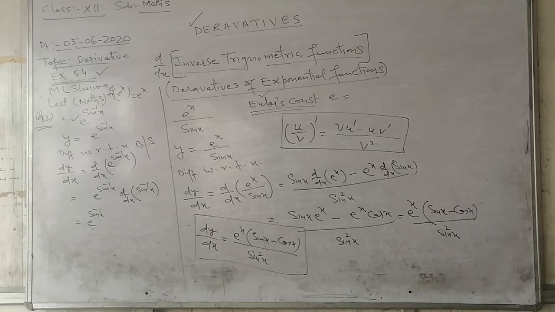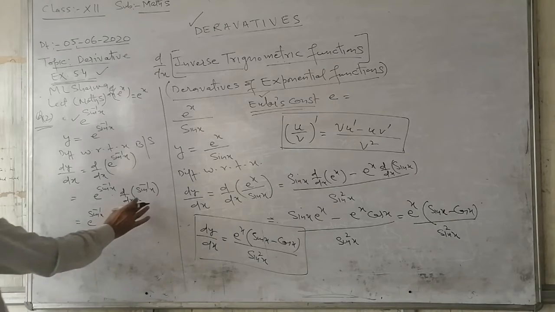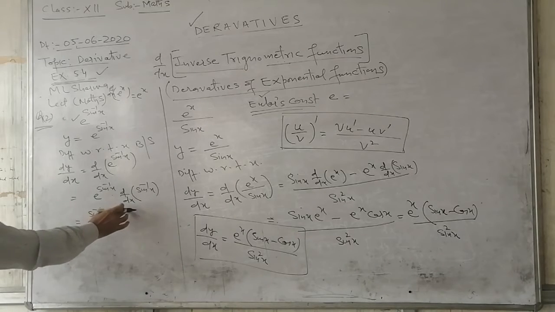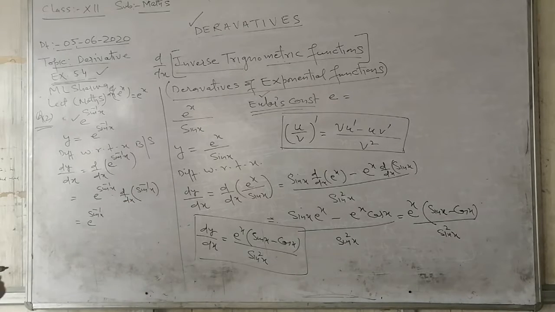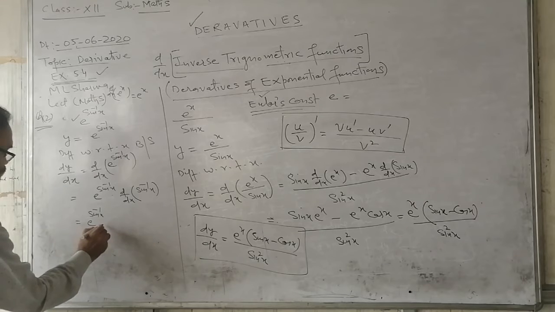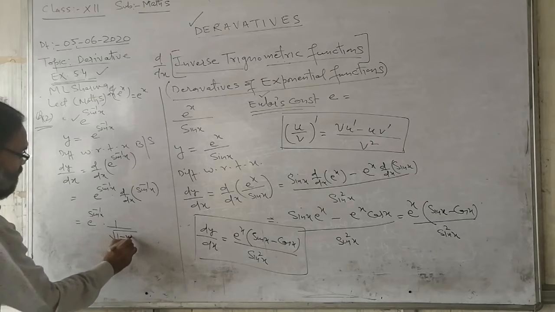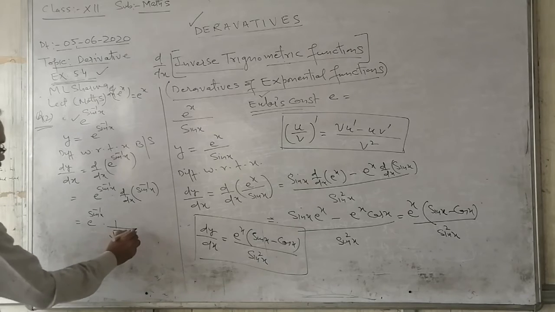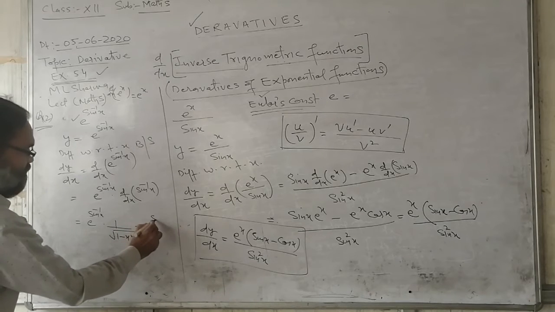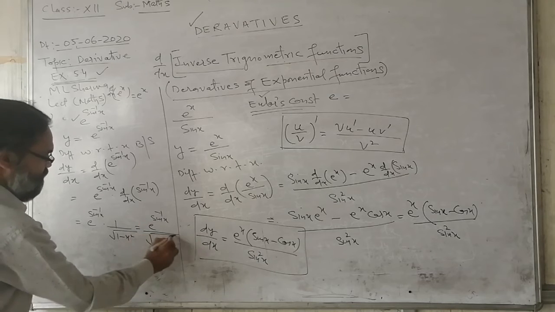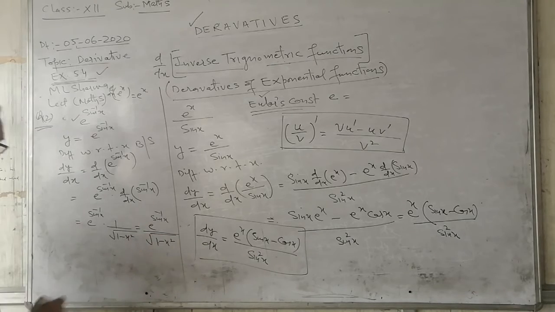Yesterday I had given the 6 formulas, and derivative of sine inverse is known to you. So this is 1 upon under root of 1 minus x square. So this can be written as e raised to power sine inverse x upon under root 1 minus x square.